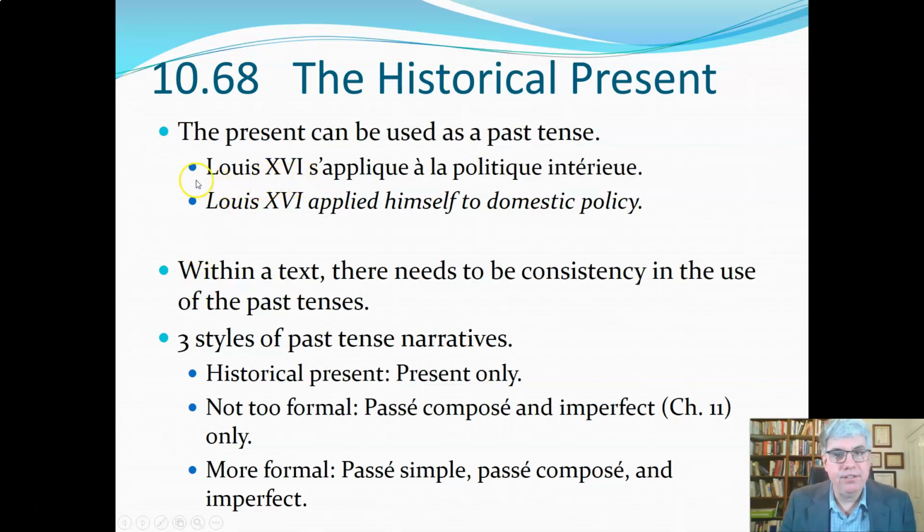Louis says, so that's King Louis the 16th. The numbers are always written in Roman numerals for kings. So Louis says, s'applique, that means to apply oneself, à la politique intérieure, to the domestic policy.